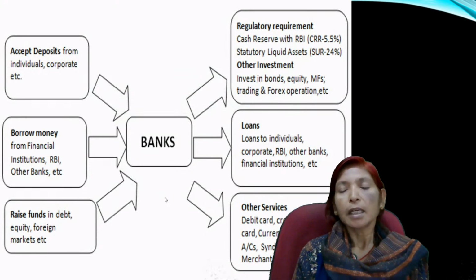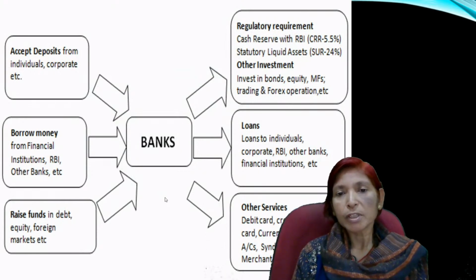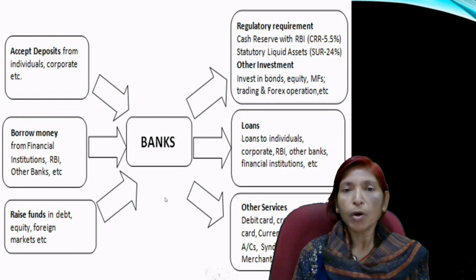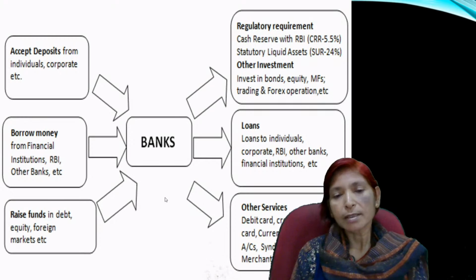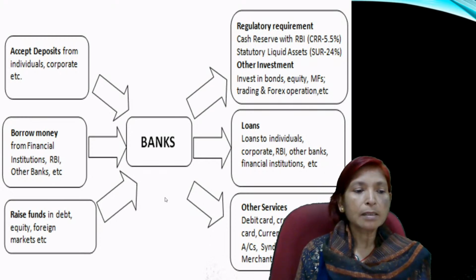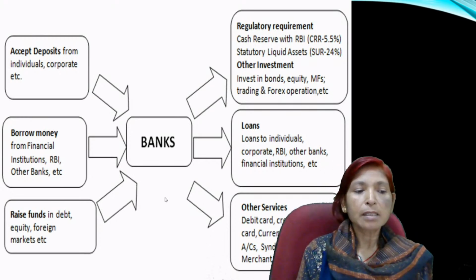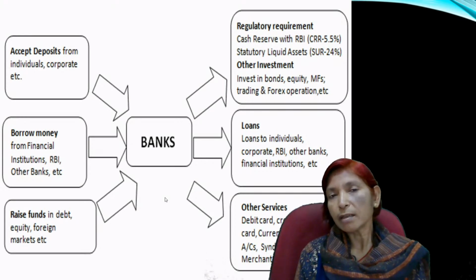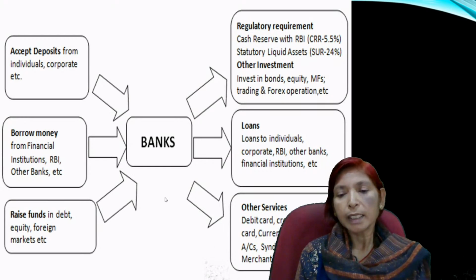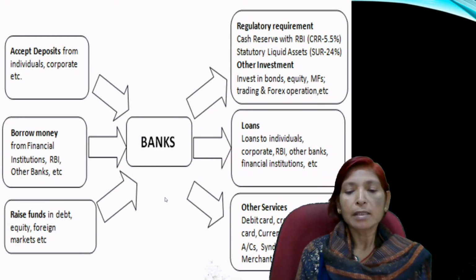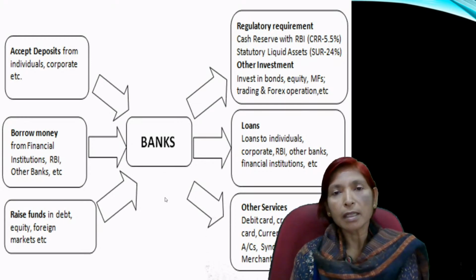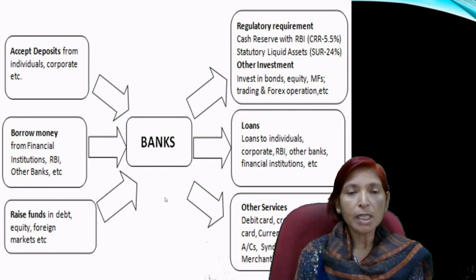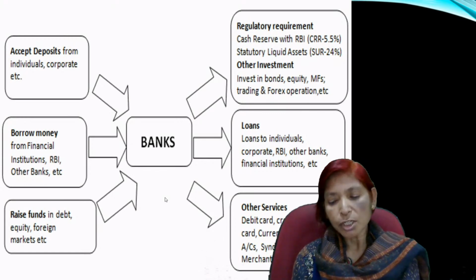The other functions are investment in mutual funds, bonds, securities, trading and foreign exchange operations, etc. Banks raise funds in debt, equity, and foreign markets, and provide many other services like debit card, credit card, current and savings accounts, demat account, syndication services, merchant banking services, etc. So these are the main functions of commercial banks.